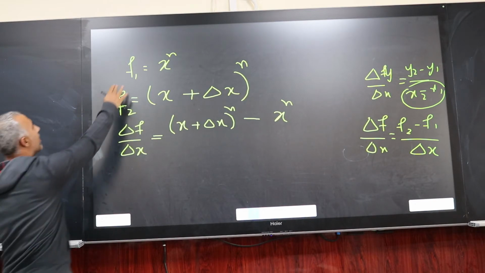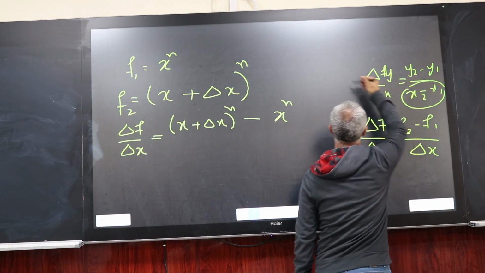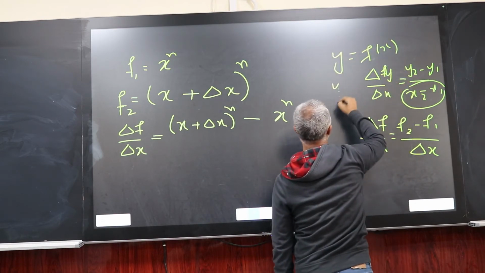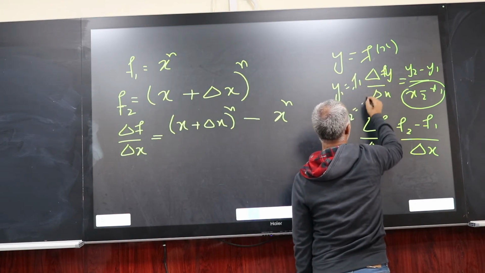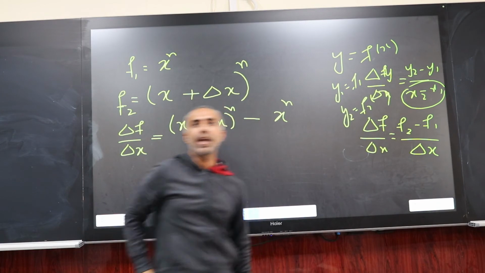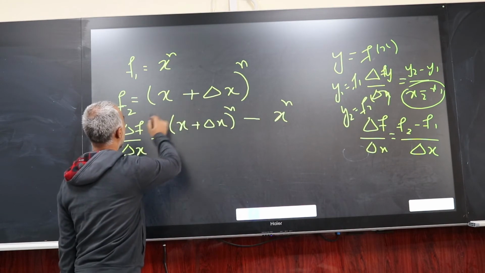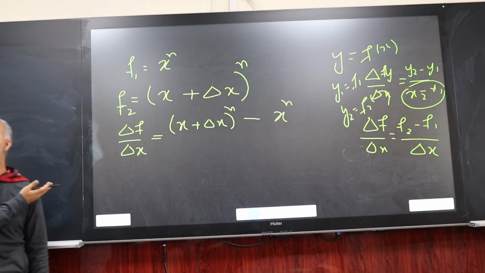Because this one is the y1, this one is the y2, and you are considering y2 minus y1, which is the function of this one: f1 and f2. Now is it clear, everybody? So, my children, this is the thing, and we determine some kind of slope of the secant line.